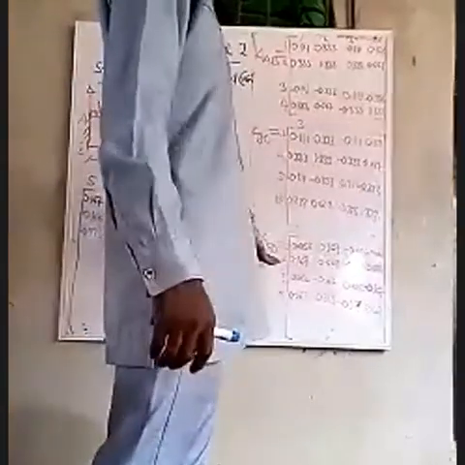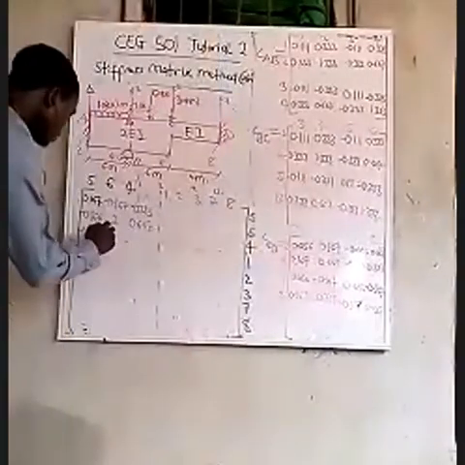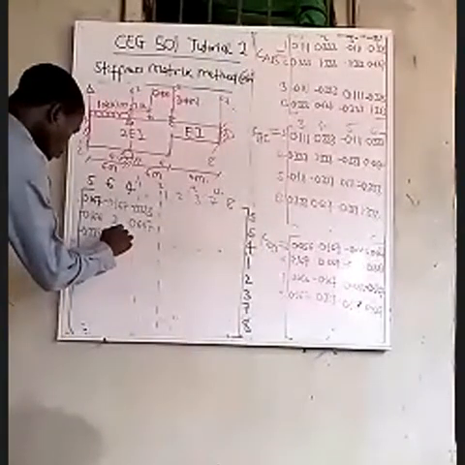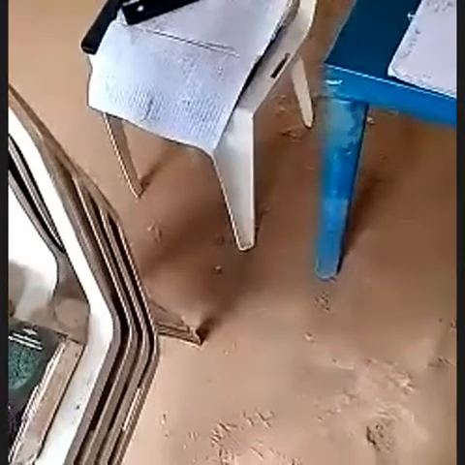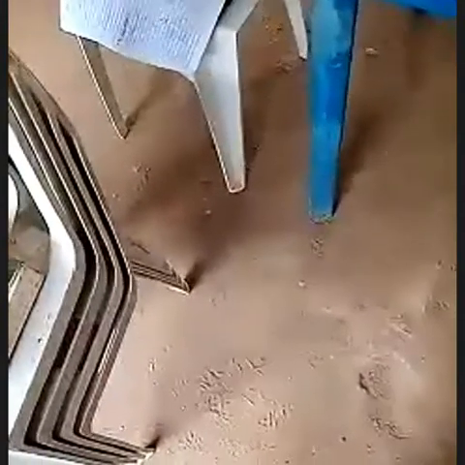There is no other 6-4. So 0.667. Okay. 4-4, I'm getting 2.666. Yes, that's it.